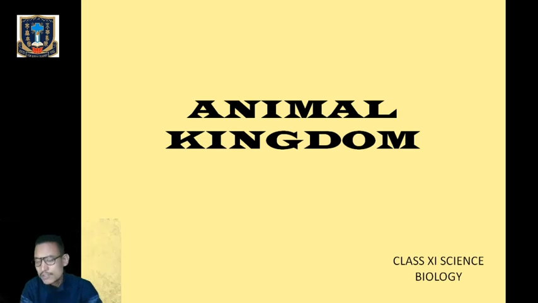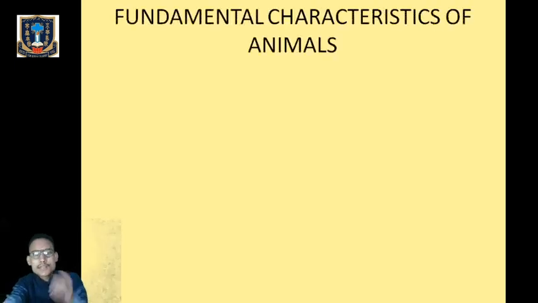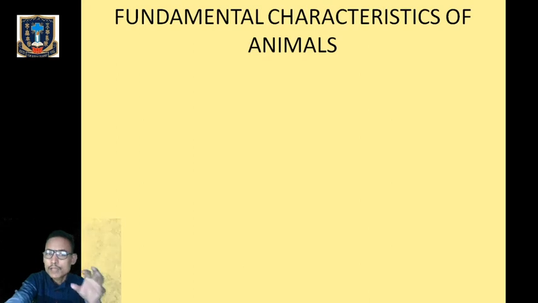In spite of the differences in their feeding habit, structure, and behavior, there are certain features which they share in common. There are certain characters which are similar among them. So what are those characters which are similar among the animals? That we are going to learn under the fundamental characteristics of animals. What are those characters which they generally share in common?